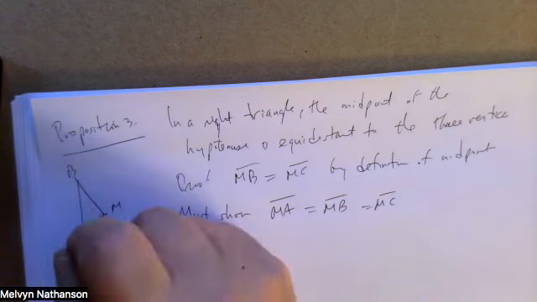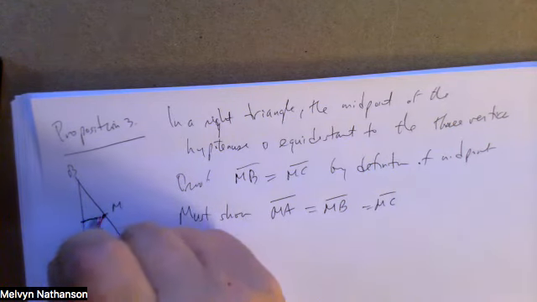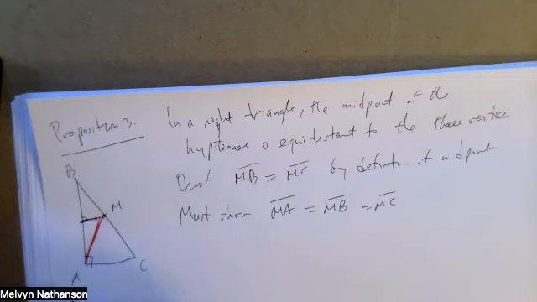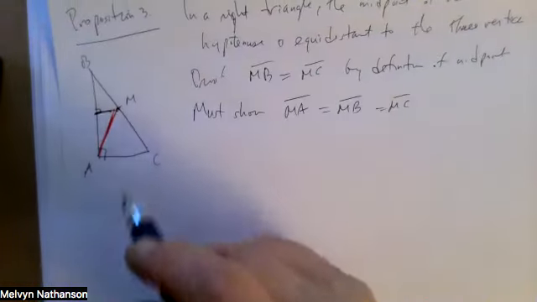So from this point M, draw the perpendicular to the side AB. Actually, let me do it slightly differently.